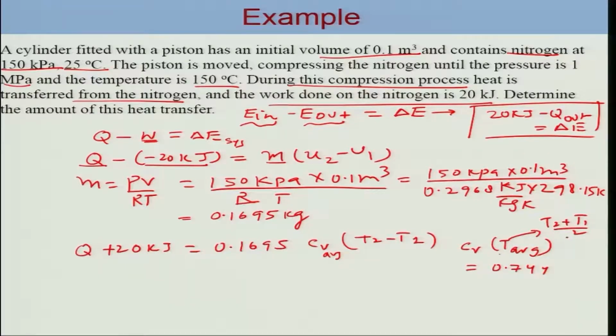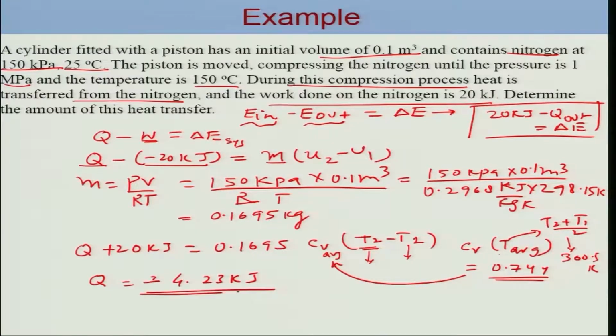So T2 plus T1 by 2 is nothing but 360.5 Kelvin. This is the value which we are going to make use of, and from here you plug in this value. T2 is your 150 degrees Celsius, and T1 is 25 degrees Celsius. You can convert this into Kelvin, but being a difference between two temperatures, this is not going to make any difference. So the Q value turns out to be minus 4.23 kilojoules, which essentially means there is a transfer from the system to the surrounding, as of course the question was mentioning.